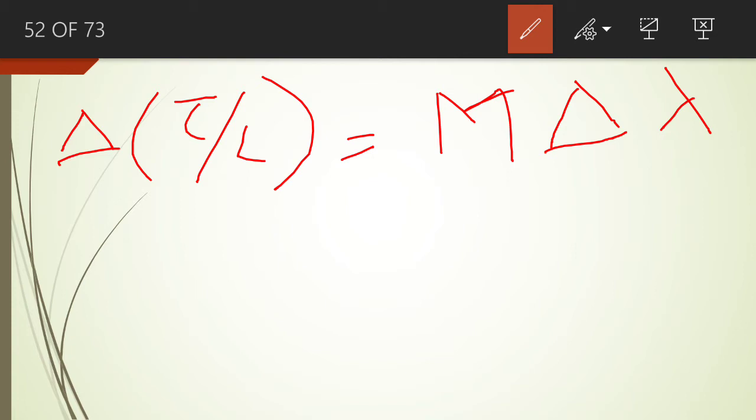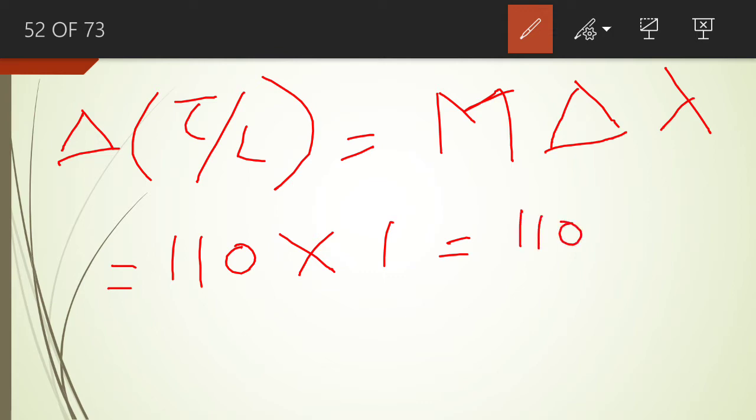We calculate the pulse spread with the help of this equation. We do not consider the minus sign on the right hand side of this equation. So let us put the values on the right hand side. The m is 110 and delta lambda in this numerical example is 1. So we get 110 picosecond per kilometer. So this is the pulse spread per unit length.